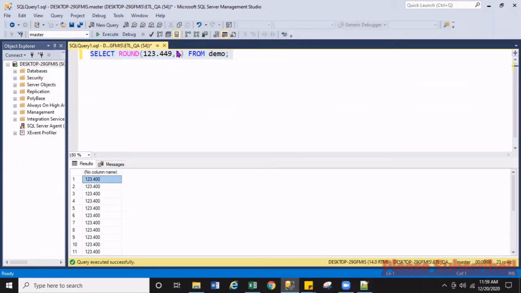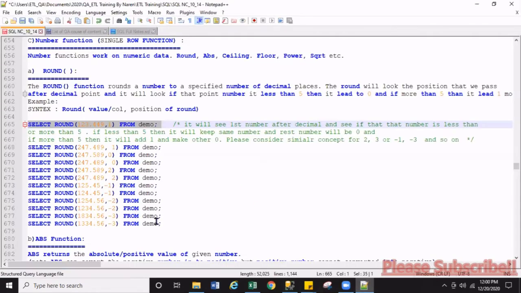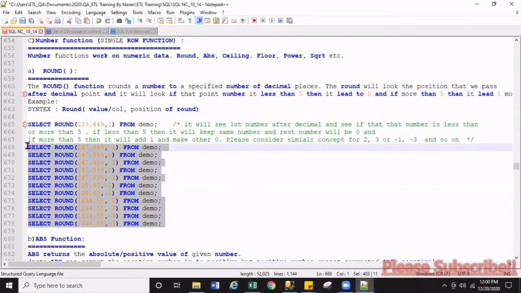Because I put one position, it looks at the first position after the decimal point and checks if it is less than 5, or equal or more than 5. If equal or more than 5, it adds one and the rest become 0. Let's understand some more examples.